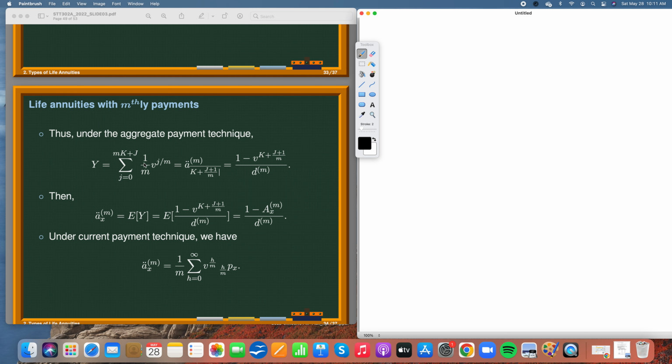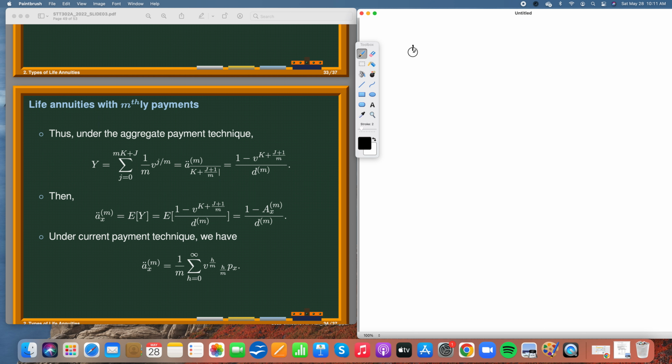In terms of your theory of interest notations, that would be equal to the following. It's a angle K plus J plus 1 over m, to the upper m. Remember the notation with the upper m in your theory of interest. And that is numerically equal to 1 minus v to the K plus J plus 1 over m, all over d to the upper m.